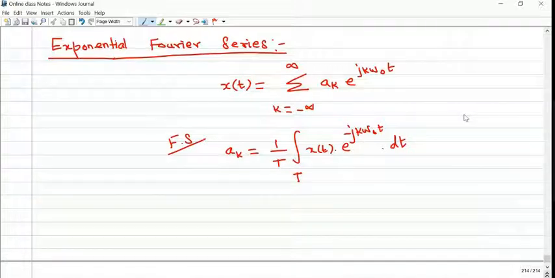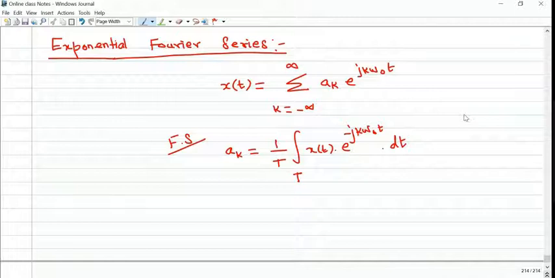Okay. So previous problems were related to trigonometric Fourier series. So this is exponential Fourier series. The basic steps are the same. For the given signal, we have to identify the fundamental time period capital T and then omega naught.